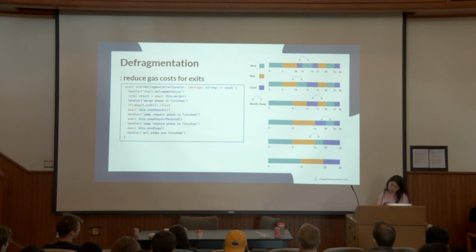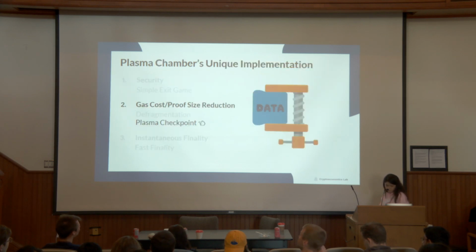So they might have to pay a ridiculous amount of gas cost compared to the funds they're withdrawing. By implementing the defragmentation feature, Chamber allows these segments to get merged by atomic swaps and reduce exit cost, allowing micropayments on Plasma, like the line at the bottom.